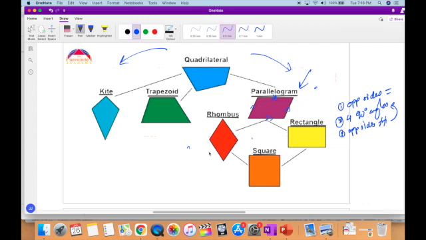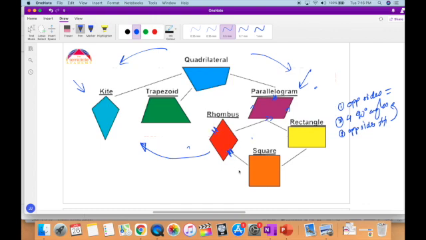And what's the difference between a rhombus and a kite? Because they both look weird. Well, in a rhombus, we have the opposite sides being parallel. We're not seeing any parallel business going on in a kite. In a rhombus, the opposite sides are equal.